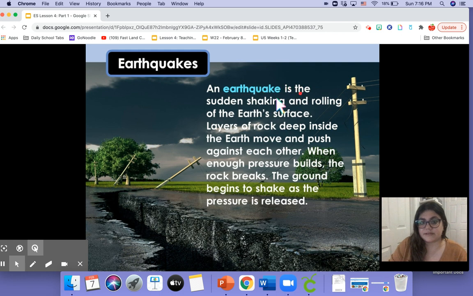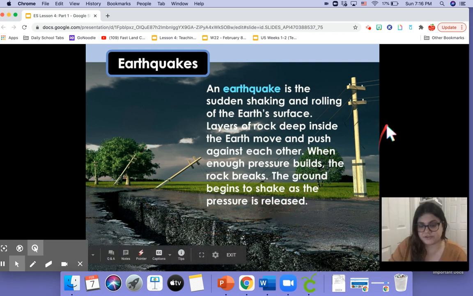An earthquake is the sudden shaking and rolling of the earth's surface. Layers of rock deep inside the earth move and push against each other. When enough pressure builds, the rock breaks. The ground begins to shake as the pressure is released.